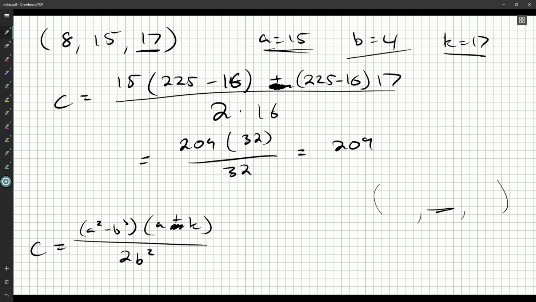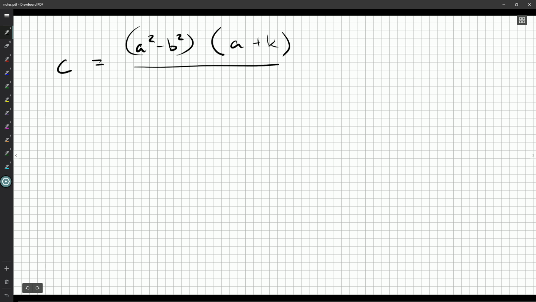Hmm. Now this 209 that we've got here, it's too big, but okay, let me bounce something off you for a moment. It's a squared minus b squared, and that turns out to just be way too huge. It's got to be a plus k here over 2b squared.